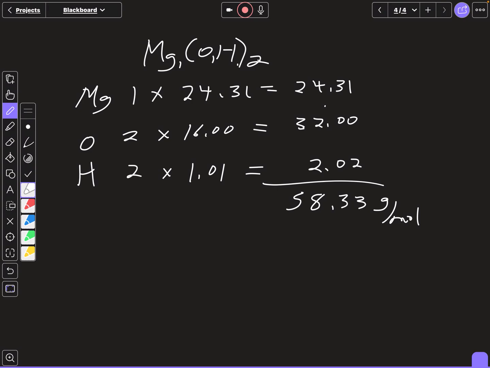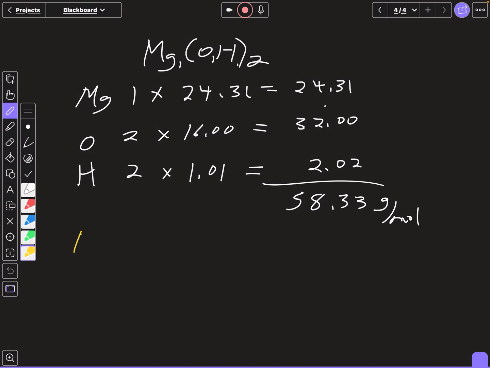So I'm going to take each individual atomic mass divided by the total. Remember, for percent composition, you take the part divided by the whole times 100 to get a percent. So I found my molar mass. Now I'm going to take each individual mass divided by the total, multiply by 100.